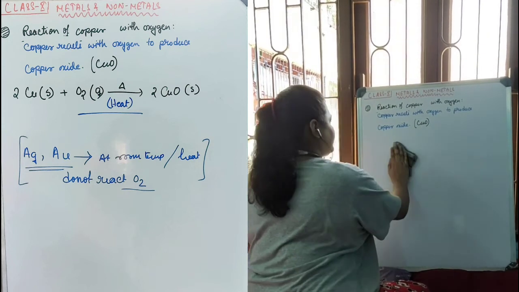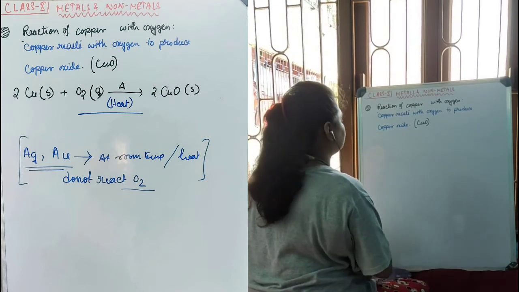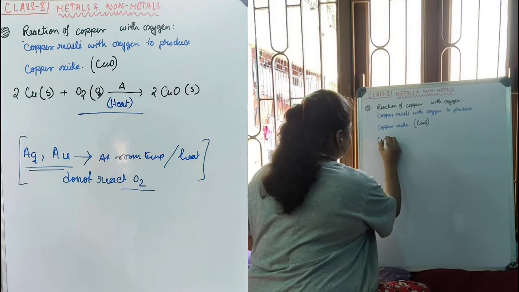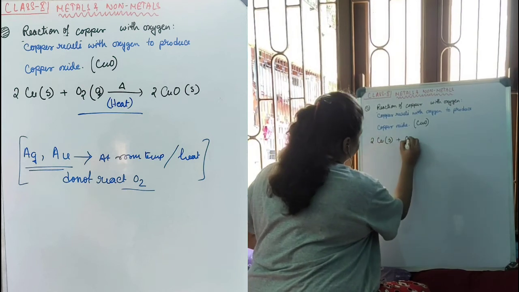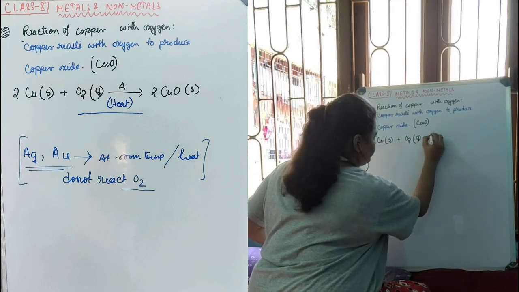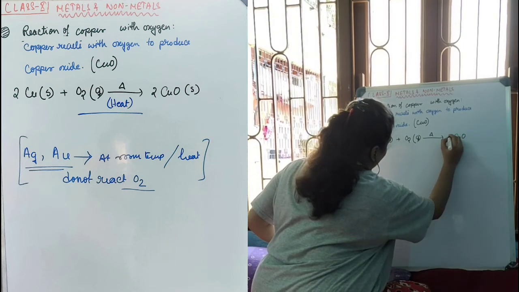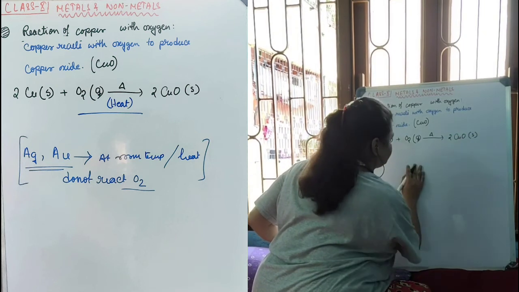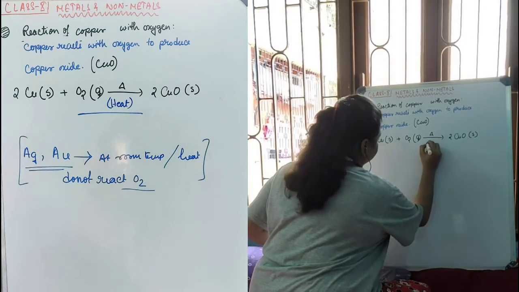The balanced chemical reaction for this is as follows: 2Cu solid is reacting with oxygen in its gaseous form when heat is given to it, and copper oxide in solid form is formed. Now this reaction does not happen at room temperature.